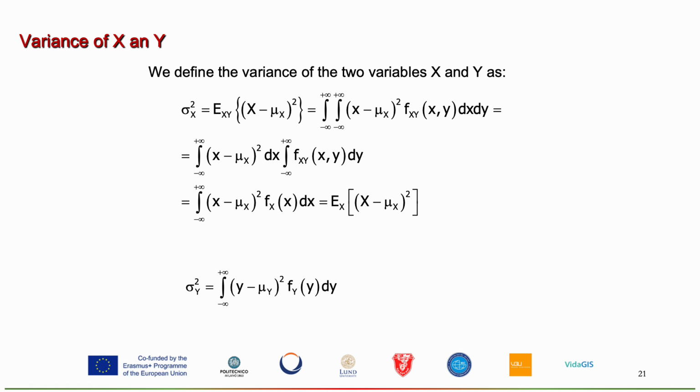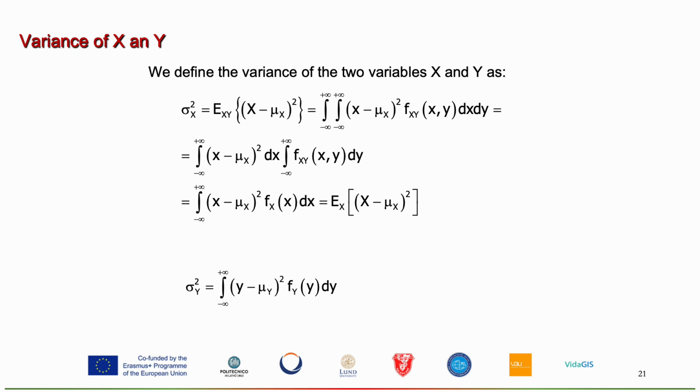But this can be written as the integral in dx of x minus mu x squared that multiplies the integral in dy of f x y between minus infinity and plus infinity. This is clearly the integral between minus infinity and plus infinity in dx of x minus mu x squared that multiplies the marginal density function of x.